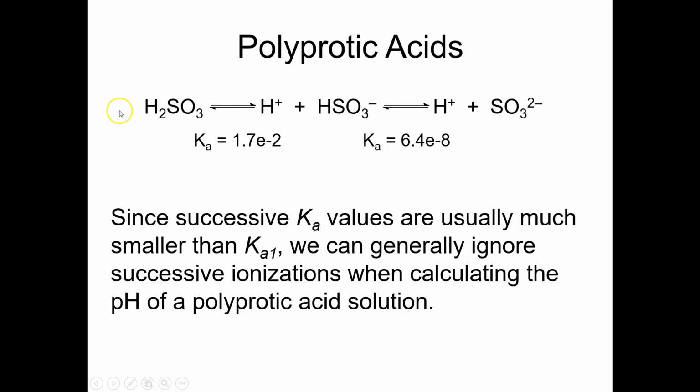In other words, if I gave you a problem in which I asked you to calculate the pH of a 0.1 molar solution of sulfurous acid, you would really only have to consider the first ionization, because this is already a small number, and the second one is much, much, much smaller. Compared to the first ionization, the second ionization is insignificant, and the third ionization would be insignificant compared to the second one.